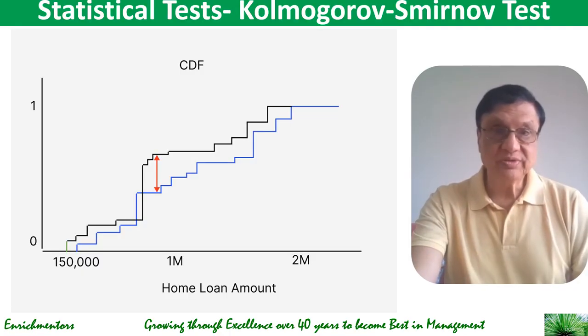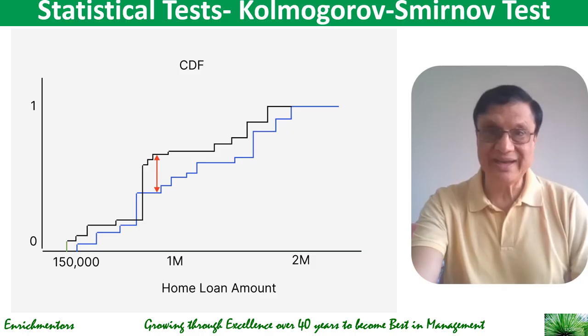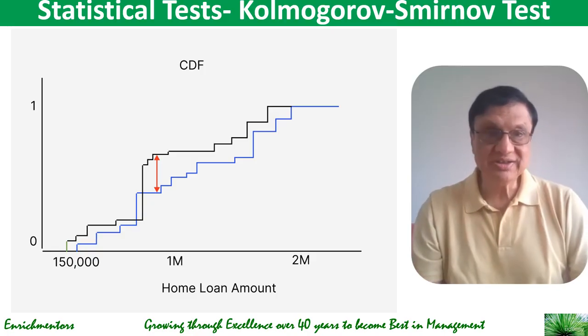So, first thing to use is the statistical test called a KS test, Kolmogorov-Smirnov test. Little tongue twister for me, but let's call it a KS test. Now, what does this test do?